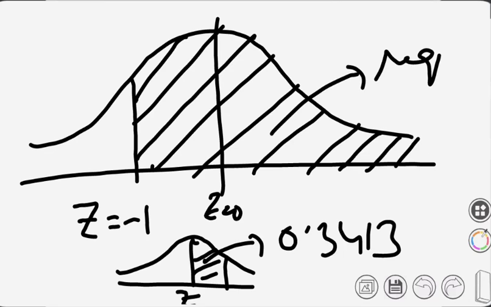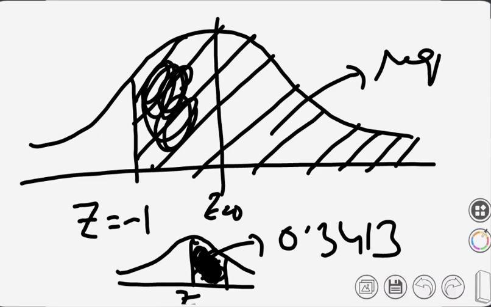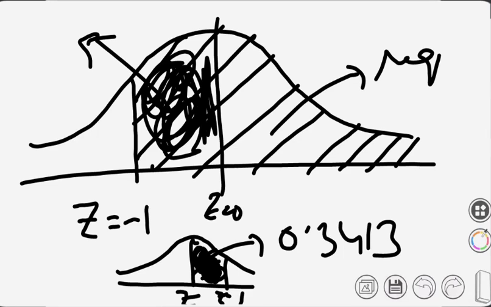So what will be our required area? Who can tell me? See, I'm trying to help you. This shaded area, what I'm blackening, is the same as this area, because it is symmetric. Z equals 0 to z equals 1 is the same as z equals 0 to z equals -1. So this area is 0.3413.